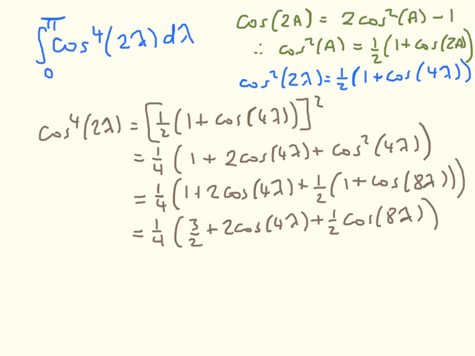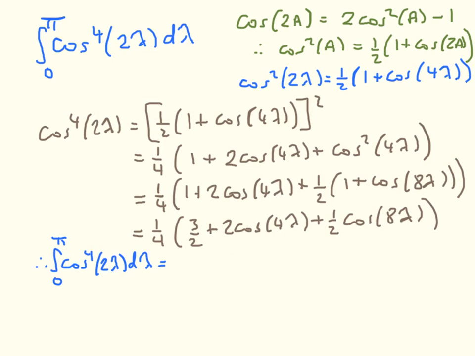And now we have rewritten our integrand in a way where every term can be integrated. So our integral from 0 to pi of cos to the 4th of 2 lambda with respect to lambda is the integral of all of this.